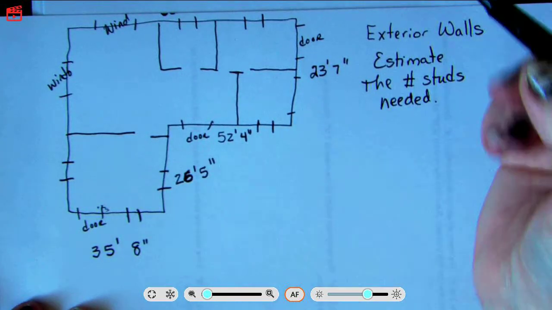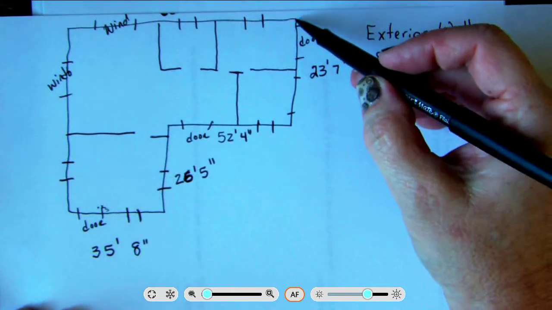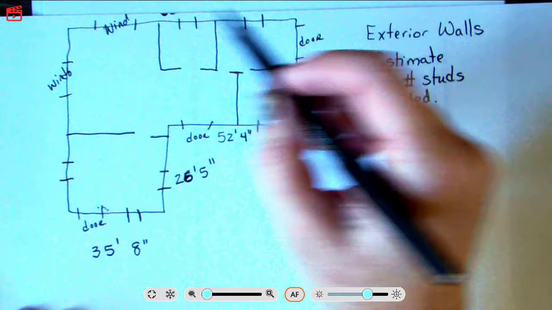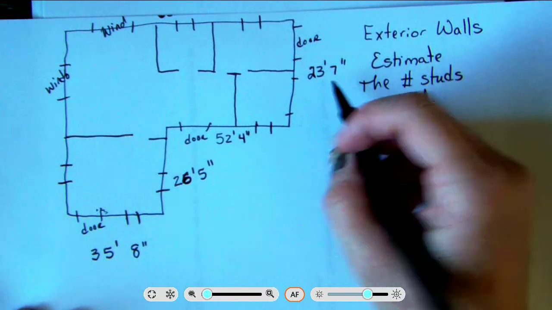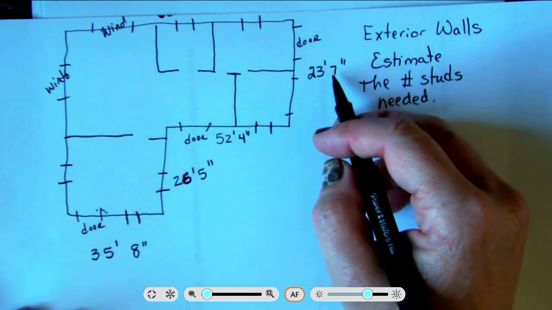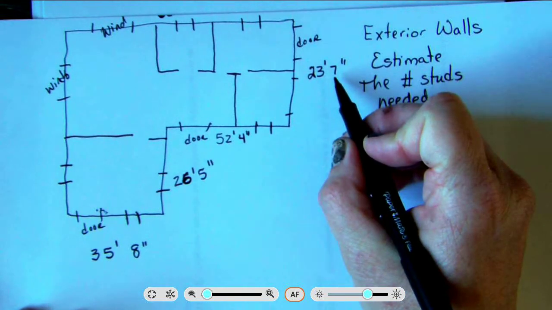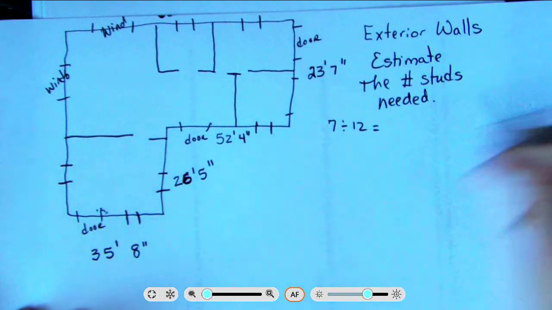Okay, so I'm going to take this 23 feet 7 inches, start here, and we'll just walk ourselves all the way around. That 23 feet 7 inches, first of all, I need to turn that into just feet. So I'm going to take that 7 and divide it by 12 to turn it into the decimal.